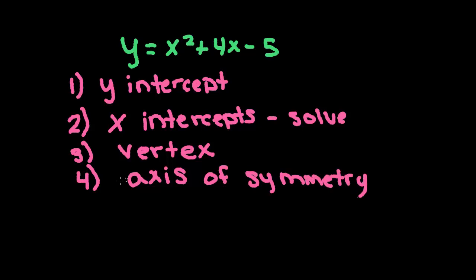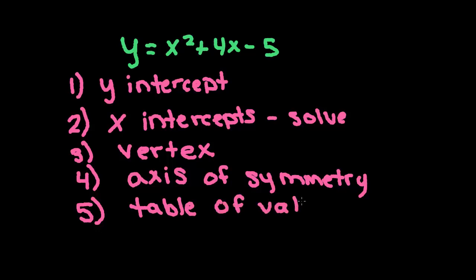And then lastly is sometimes we need some additional points, because that's not enough to figure out exactly how wide our graph is, etc. So we might need a table of values as well. So we should know how to do that. So go ahead and pause your video and jot down these things so that you know every time I graph a quadratic, these are the things that I want to make sure I find.